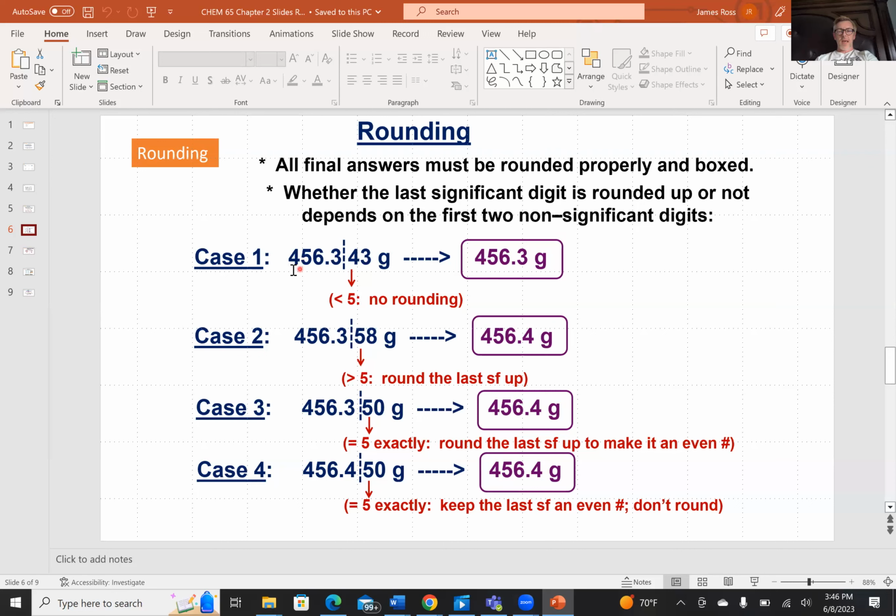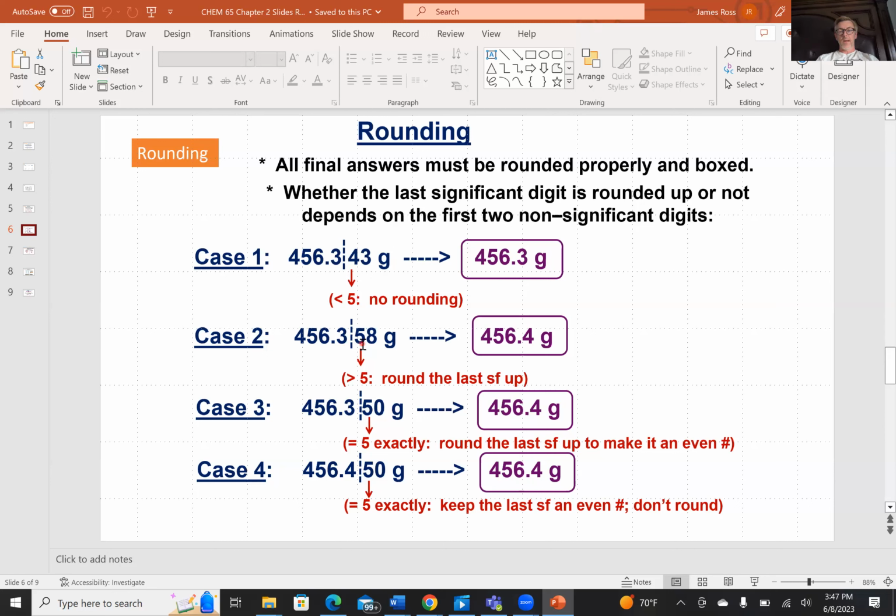So looking at the first case, we've got 456.343. We notice that the first insignificant digit is less than 5. That means that we add a 0 to the previous digit, which is the last significant digit. We preserve the order of magnitude, which is the order of hundreds, and therefore we're done with 456.3 grams.